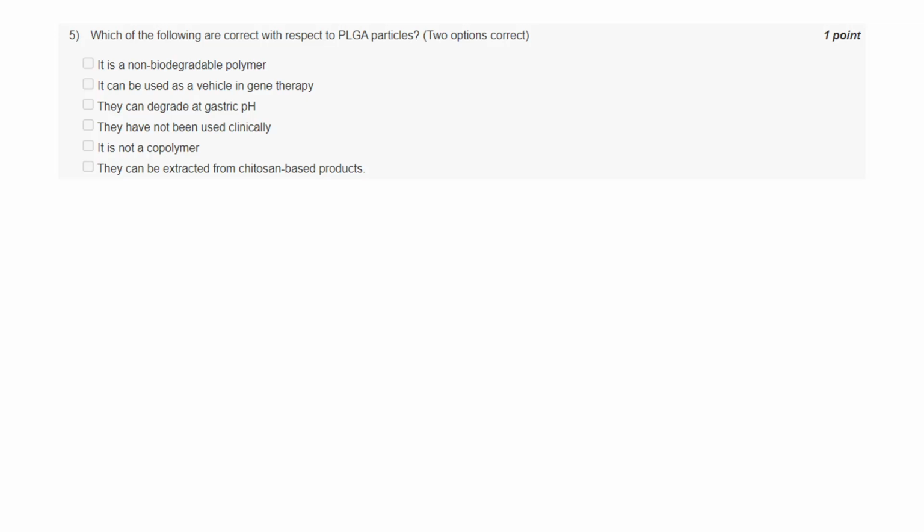So we have two answers, option B and C, and another person said A and C. Any other answer apart from these two? Okay, let's look at the answers.